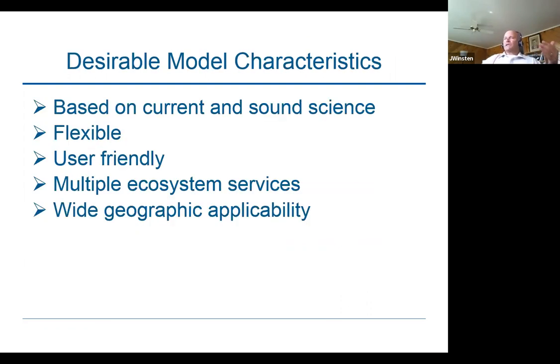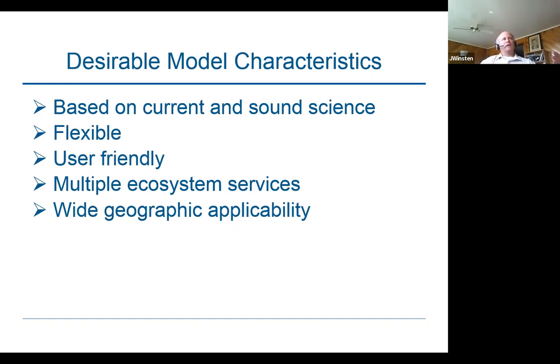Thinking about modeling, the desirable characteristics are that the model obviously needs to be based on sound science, and reasonably current science. Ideally, the model would be flexible, and what I mean is, if it can only look at 3 different BMPs, then it's not very flexible.